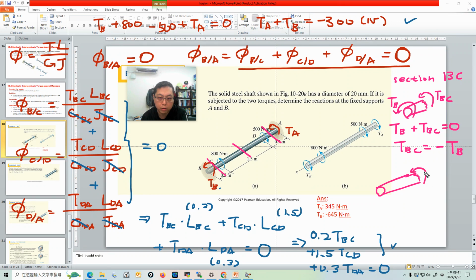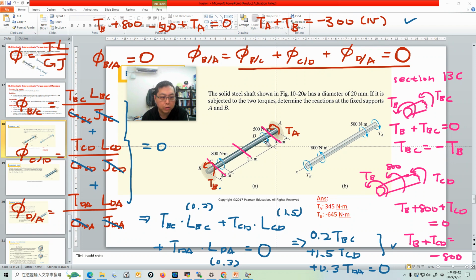We have T_CD, and before section CD we have the 800 Newton-meter torque and T_B. So in section CD, T_B plus 800 plus T_CD equals 0, so T_B plus T_CD is equal to minus 800. So this is section CD.